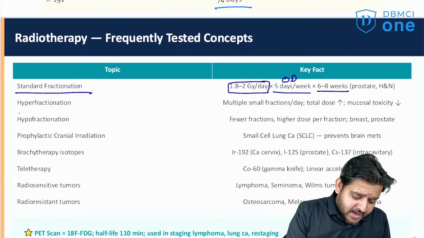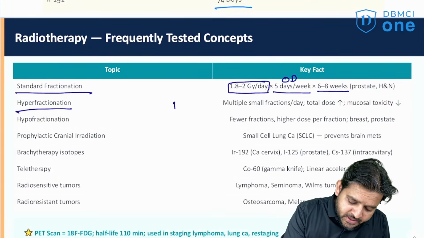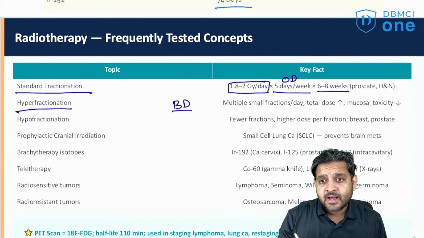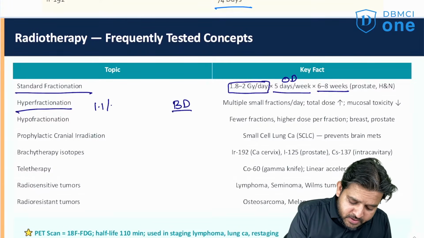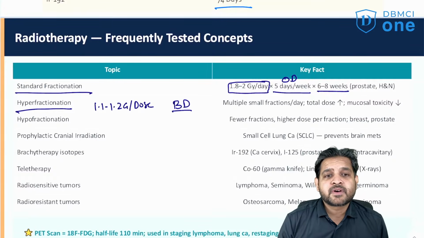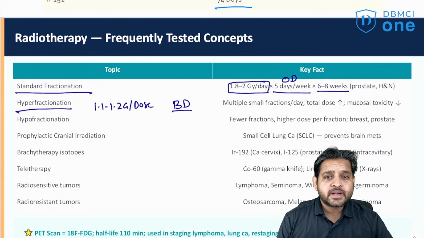But I can hyperfractionate it. Once I hyperfractionate it, remember, instead of OD, I will give BD. Instead of once a day, I will give BD. But what I'm going to do now is give 1.1 to 1.2 gray per dose, right?